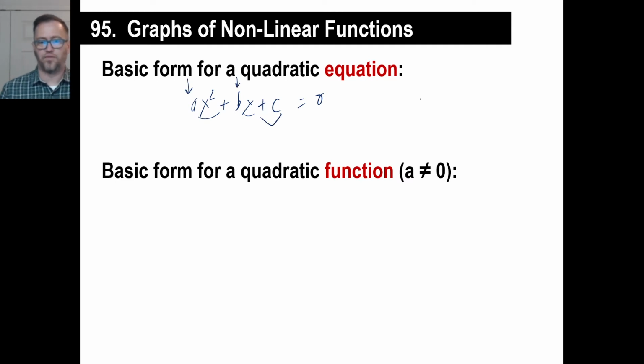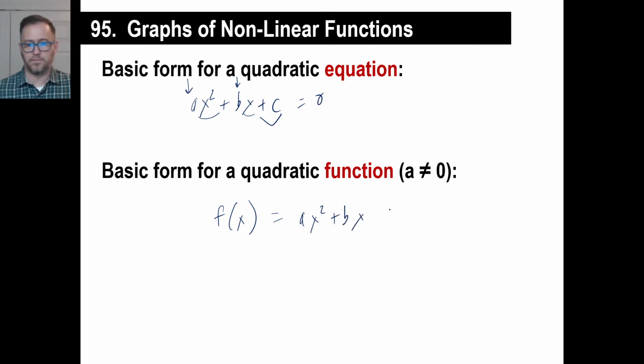As a function, instead of y, we can do f of x equals ax squared plus bx plus c, and don't get too caught up in that. That just means y is going to equal some x squared. We might have an x, we might have a c, and so on. And we're just going to see these.